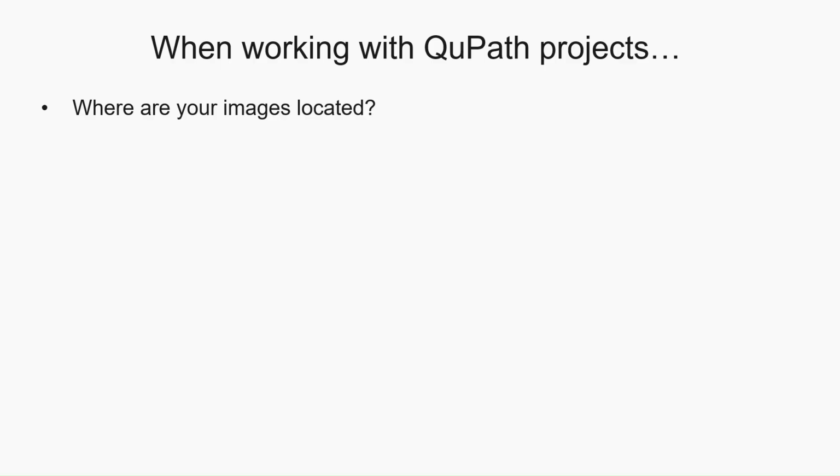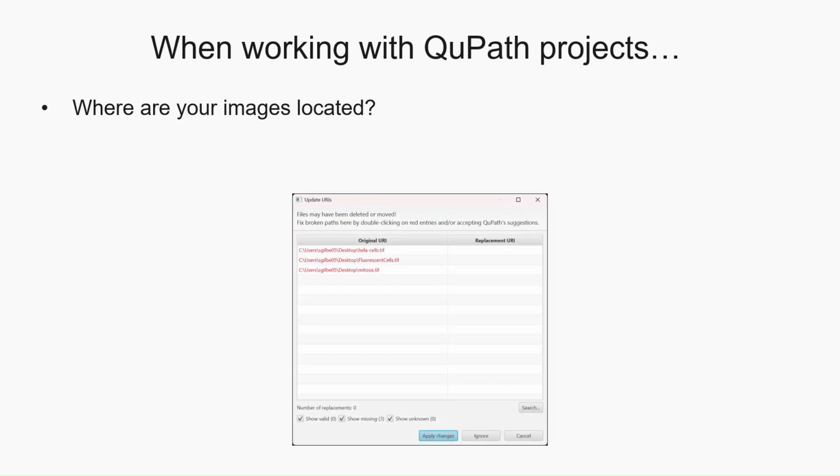But this doesn't duplicate the original image file. What it does is create things like that thumbnail that I demonstrated before, and information relating to the interaction within QuPath. Therefore, if you move those image files, when you next open the project, you may get a window prompt like this, where you have the images within your project highlighted in red, needing a replacement.